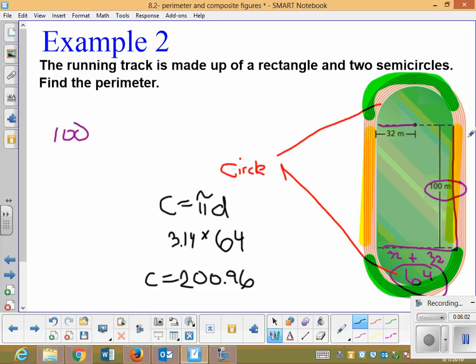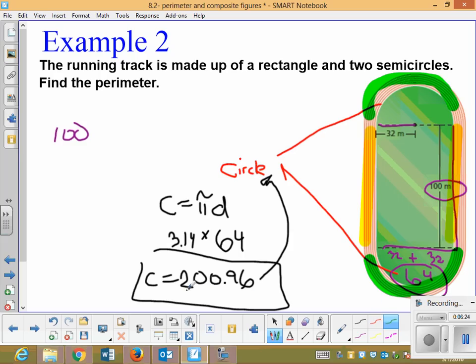This 200.96 is for the whole circle, but we only want half and we have another half, so we technically don't have to divide this into two. Two half circles right here give you a full circle. So we can keep this answer for C. Now we have the outside of this and the outside of this green part.